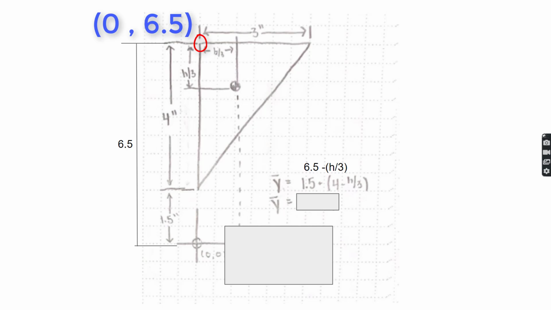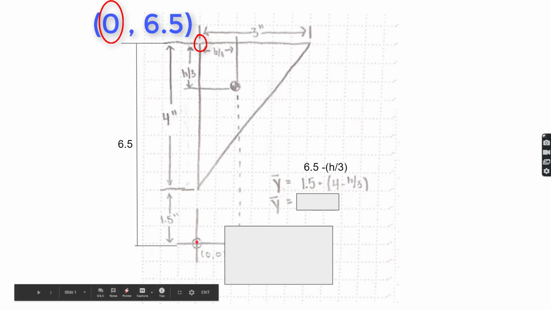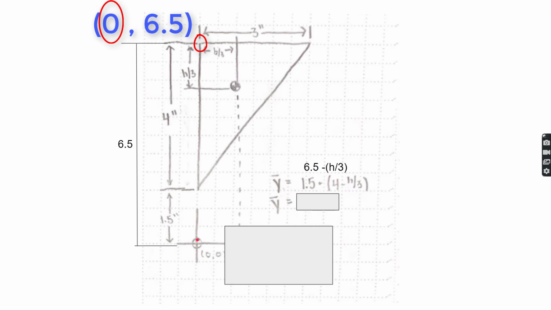Now our x bar in this case, since the coordinate of this point was 0 in the x direction, it's over the 0, our x bar would be 0 plus, because we are moving to the right, so that would be a positive, plus base divided by 3. In this case, our x centroid on this one ends up equaling 1. Okay.